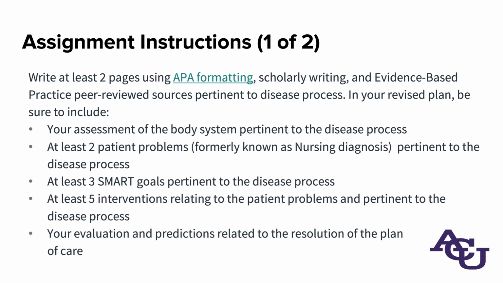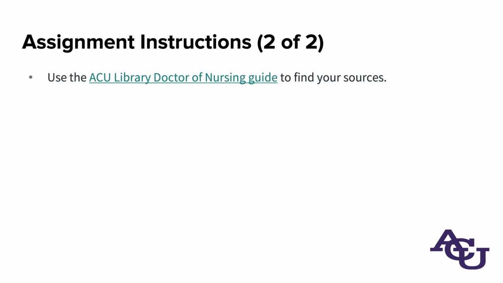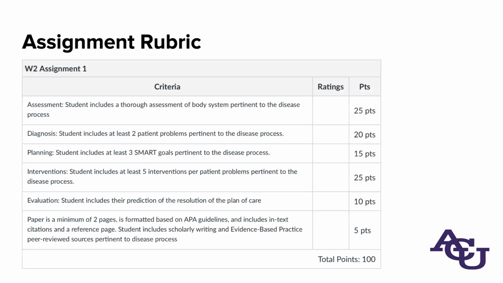If you provide this information in the order that is listed here, it will be much easier for them to say, well, yeah, they did do that, check. They did do that, check, which is what we like to see when people are grading their stuff. There's also a note saying, use the ACU Library Doctor of Nursing Guide to find your sources. We'll talk about that in a moment.